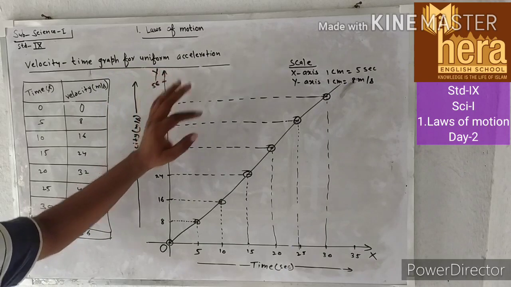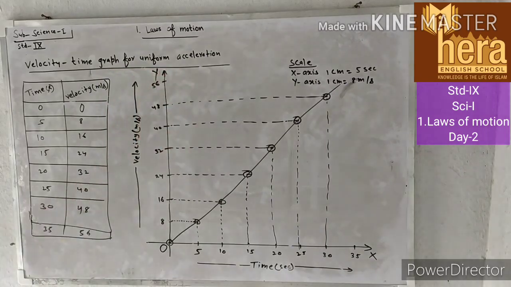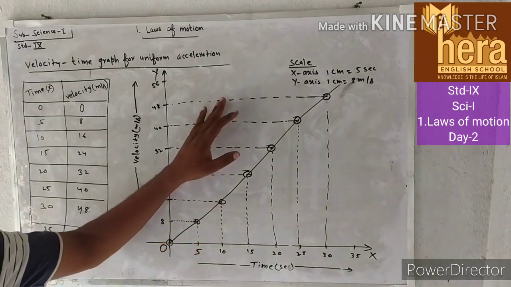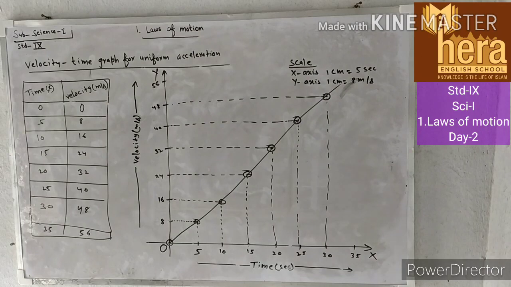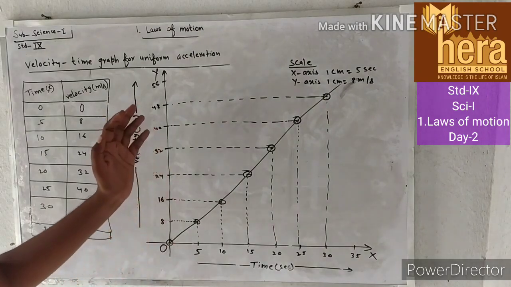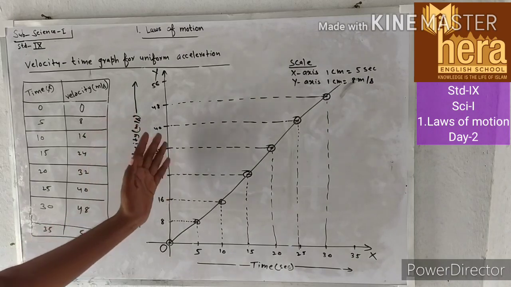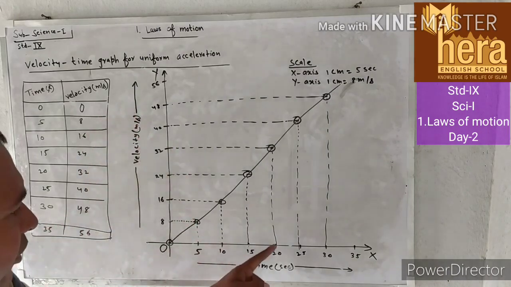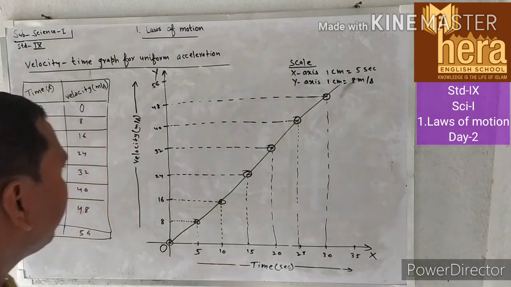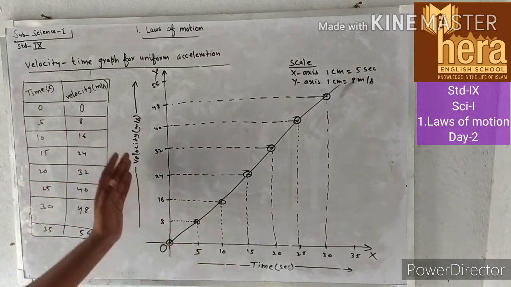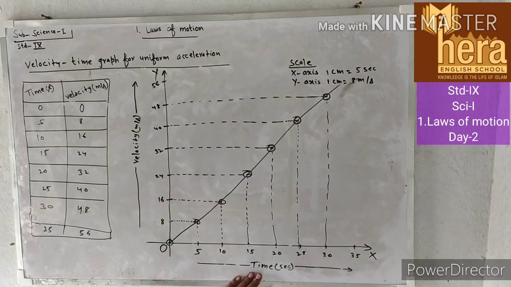Okay. So if I ask you to find the distance covered by the car between 10 second and 20 second, what you have to do? First of all, check: this is a velocity time graph. Yes, this is a velocity time graph.